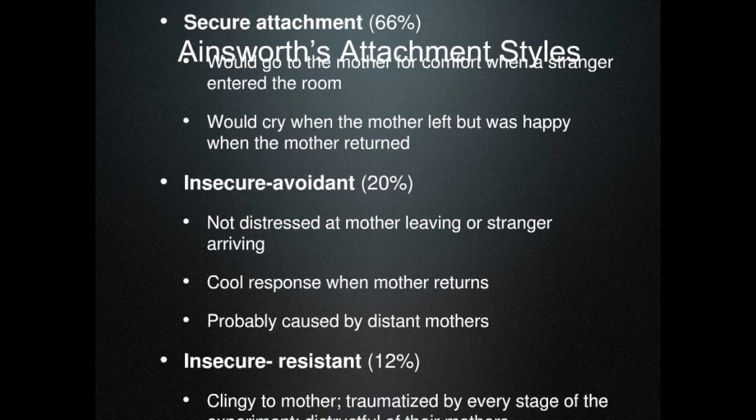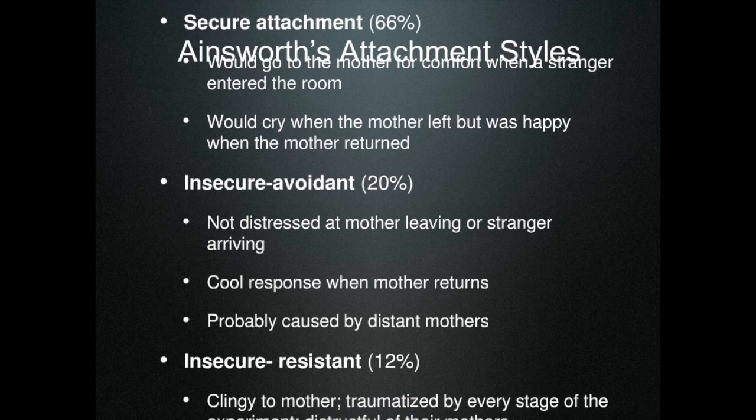But it was found that 66% of the kids had secure attachment, where they would go to the mother for comfort. They would cry when the mother left, happy when the mother returned. Then we had insecure avoidant, not distressed at the mother leaving at all. There's a cool response when the mother returns. This is probably caused by very distant mothers. And then there's insecure resistant, which is very clingy. They're traumatized by every stage of the process.